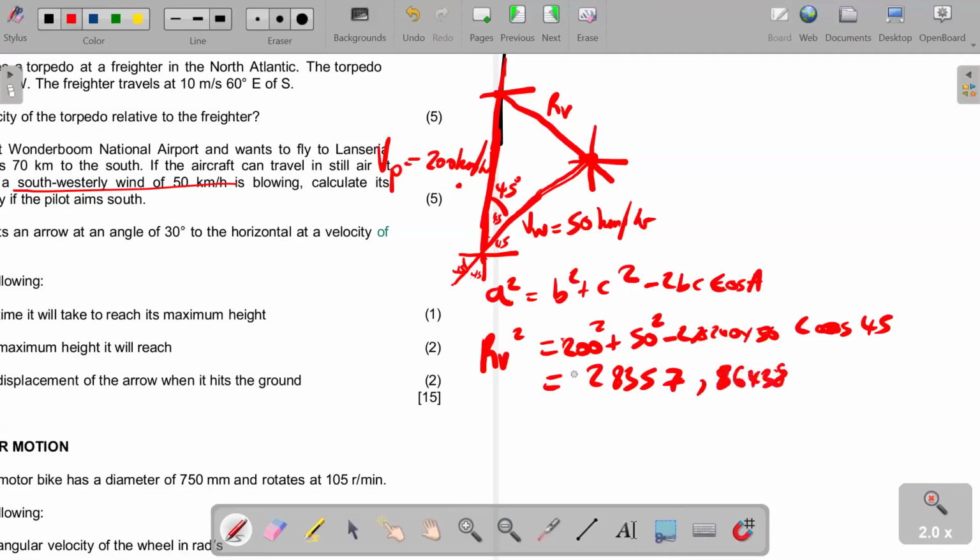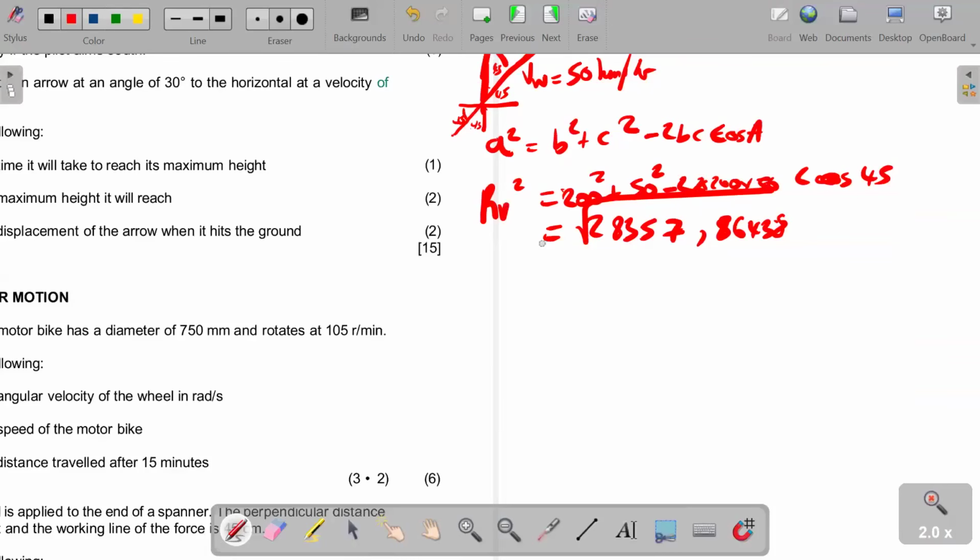What about the square root? The square root of that value is 168.398 to 3 decimal places. That automatically marks our RV.